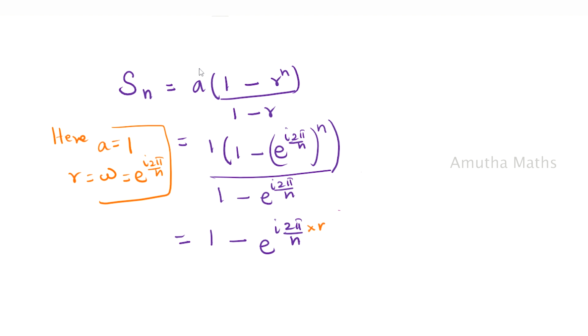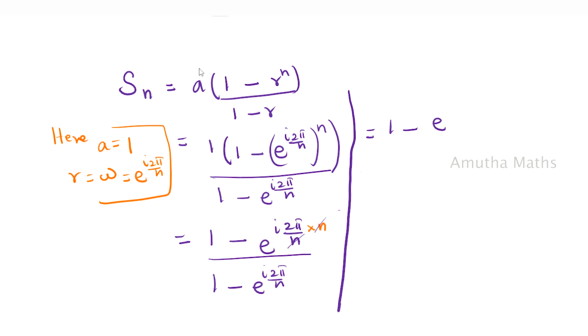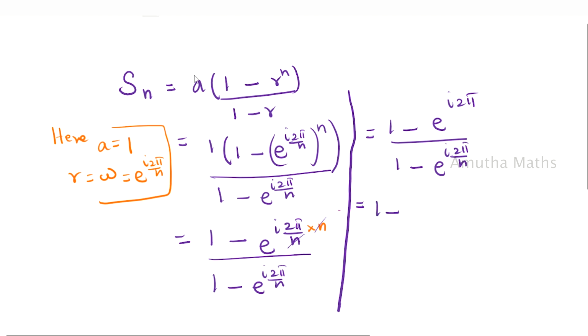The power gets multiplied, divided by 1 minus e power i into 2 pi by n. This n and n gets cancelled. So this is equal to 1 minus e power i into 2 pi divided by 1 minus e power i into 2 pi by n. So what will you get? That is equal to 1 minus, what is e power i into 2 pi?